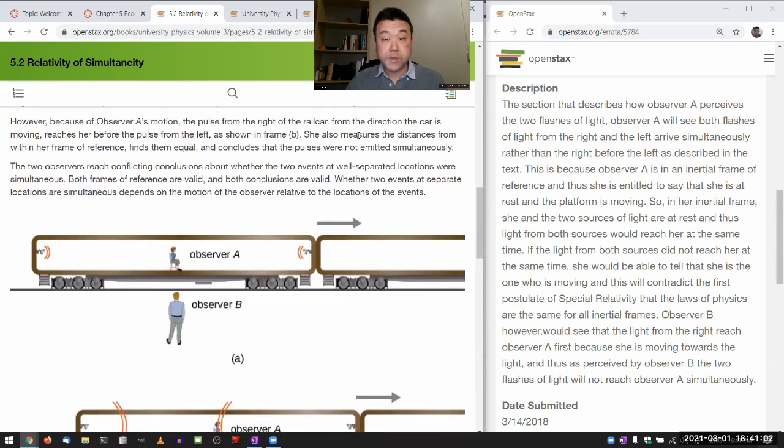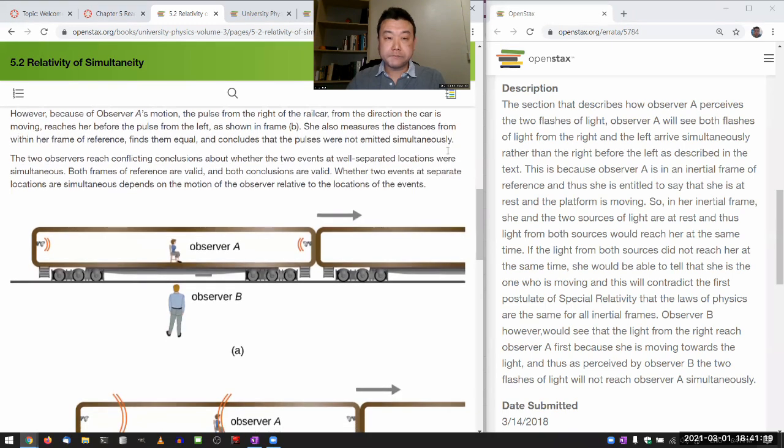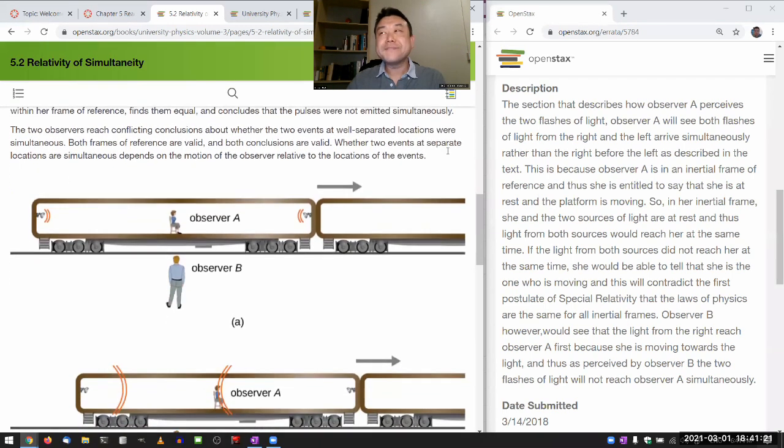She also measures the distances from within her frame of reference. She's at the midpoint between the two, finds them equal, and concludes that the pulses were not emitted simultaneously. So far, so good.